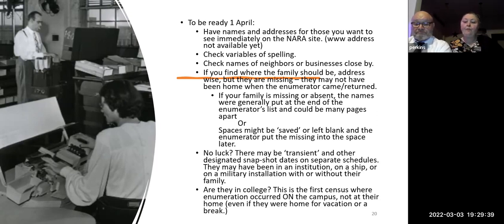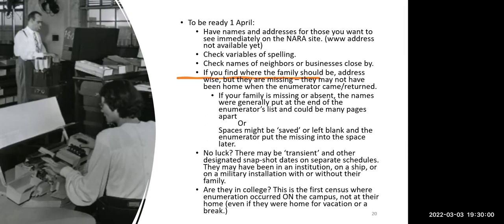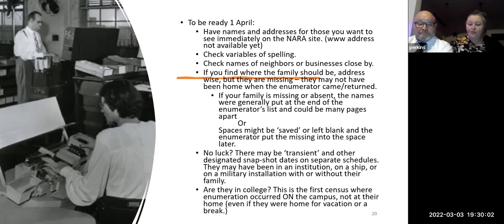They're supposed to go back if the family's not there. First, they ask the neighbors. Now, do you really want your neighbors giving your information? They don't know the accuracy. So your enumerator is supposed to go back at least once, some did more, and try to fill in anybody that's absent. And so if they left those lines blank, they'll just put them in there and they'll be in the order that you wanted them to be.